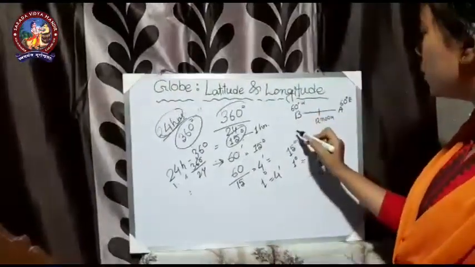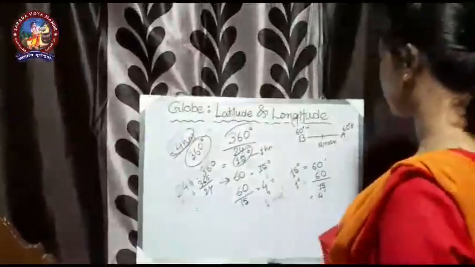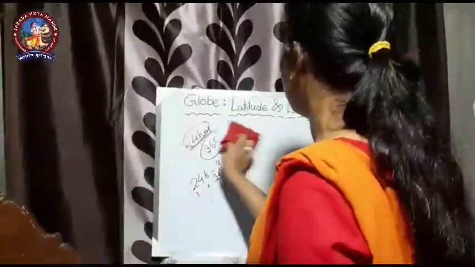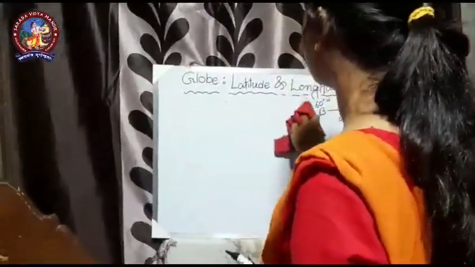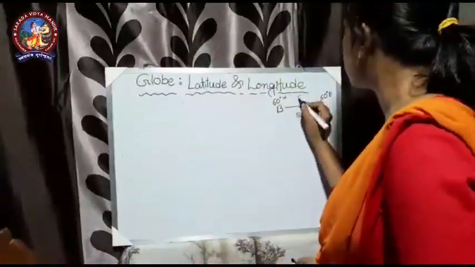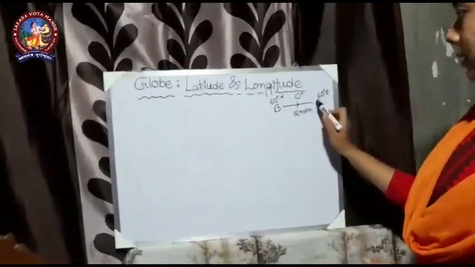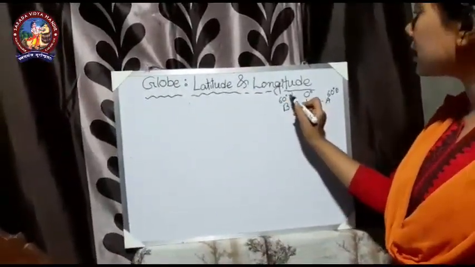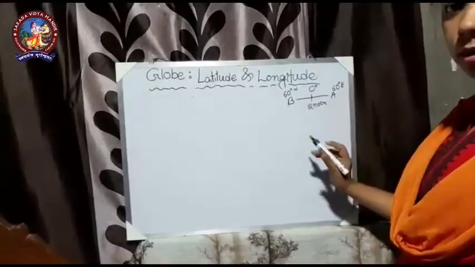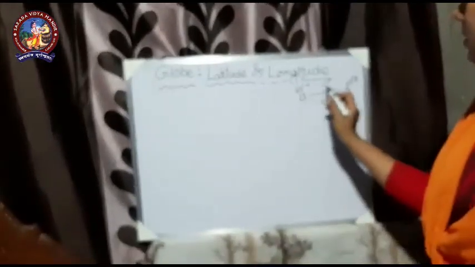Now we will find out the time of place A and place B. As we know, the longitude of Greenwich is 0 degree. So the longitudinal extent of place A and B will be the same as we have chosen the same longitudes. It will be easy to understand. So 0 degree, 60 degree, 0 degree, 60 degree.